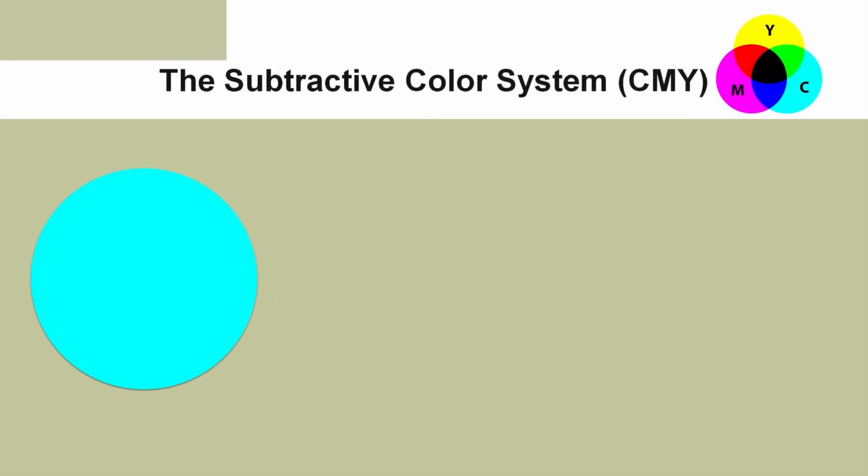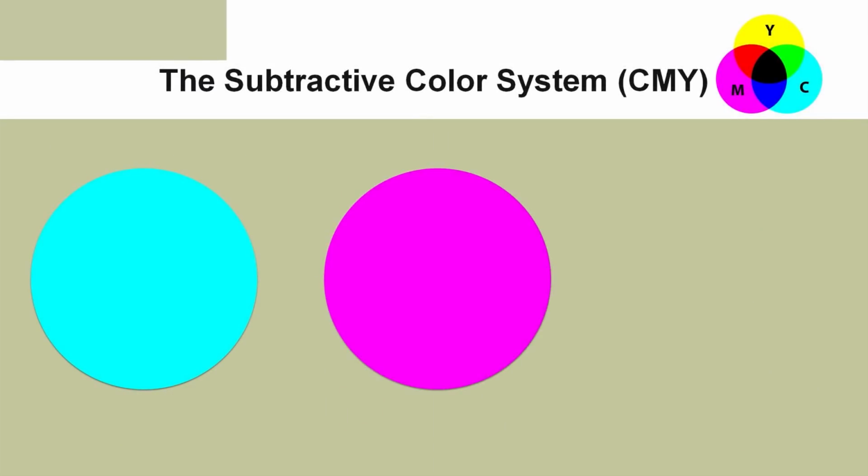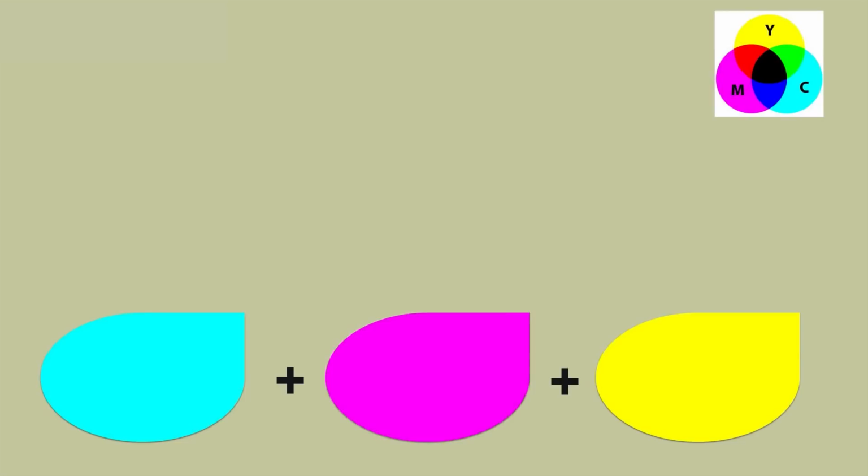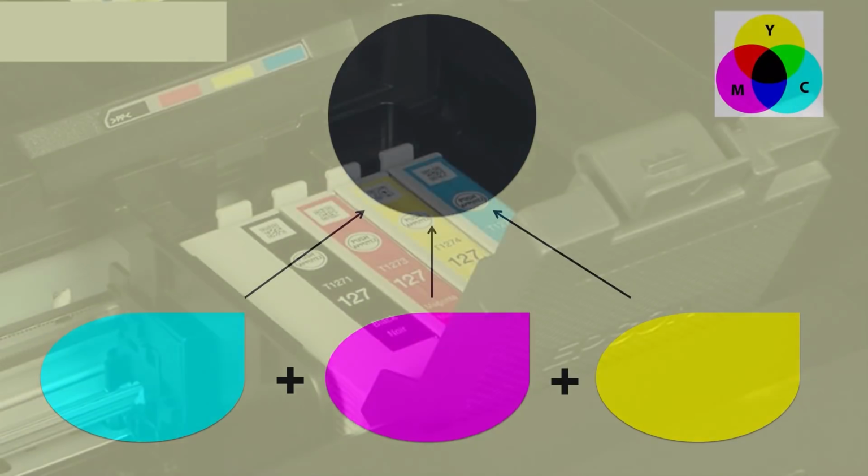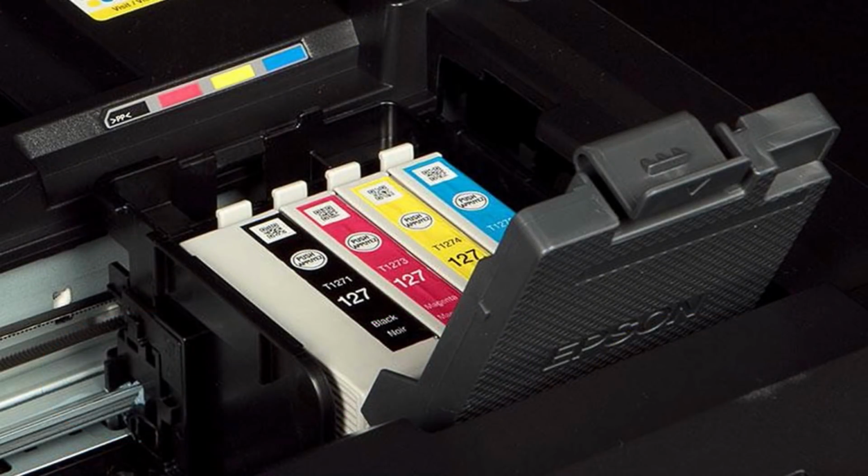Here, when two primary colors are combined, they create a darker color. For example, when we mix cyan with magenta, we create a purplish blue. Then when the three primary colors are put together in equal amounts, it results in black. That's the way that the printing industry works, as printers combine CMYK to create all colors.